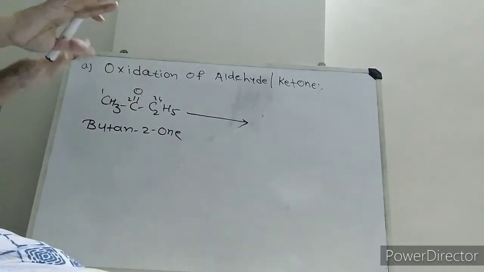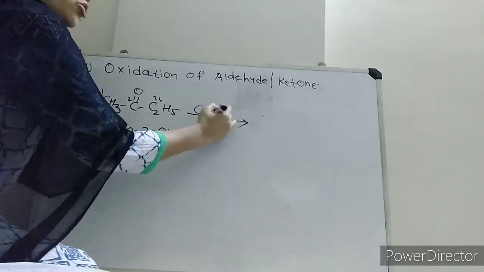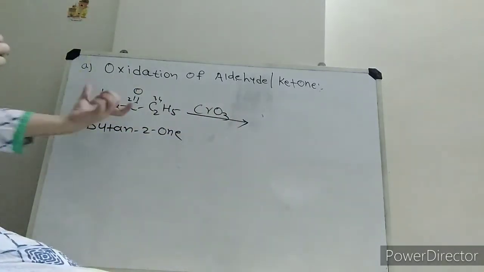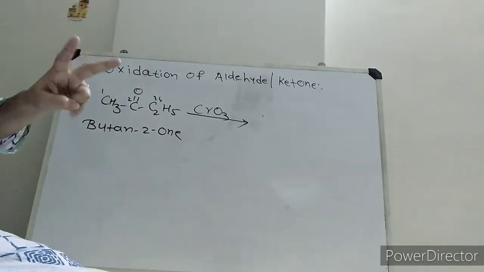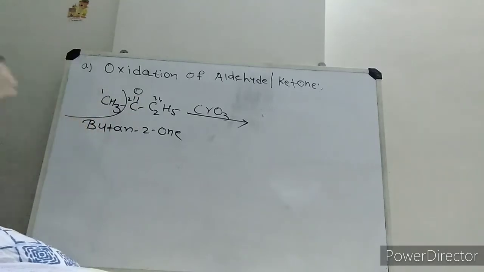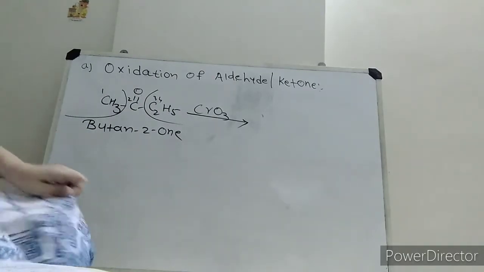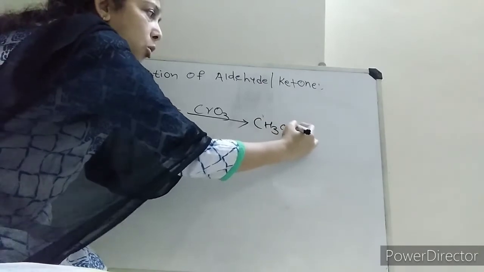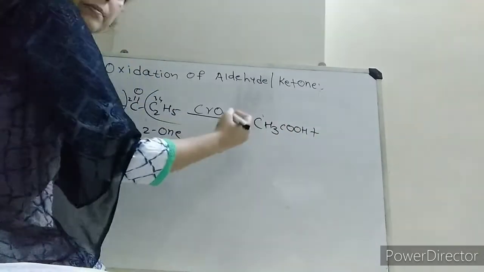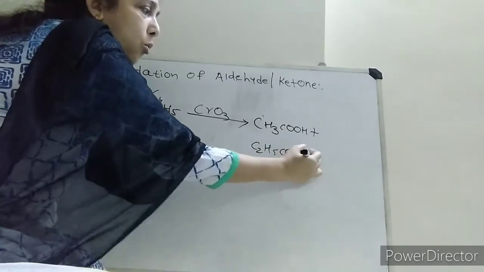Here we cannot use K2Cr2O7; we have to use CrO3 as a catalyst. Now in this case we get two different types of acid. One is CH3COOH, acetic acid, and the other is propionic acid, C2H5COOH.